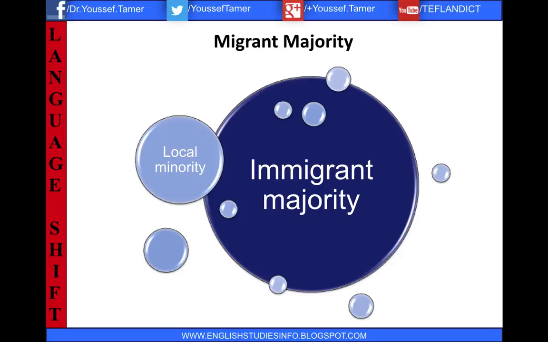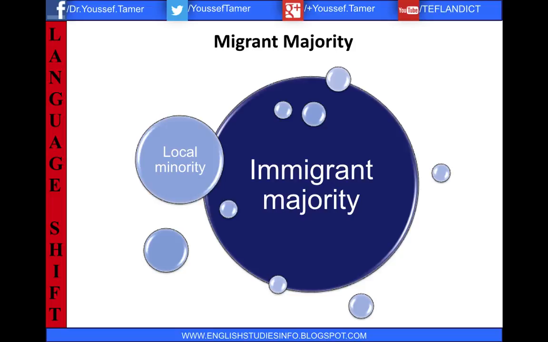You hear about Haiti and French? Now the colonizers impose their language on this small minority. The colonizers become the majority, the immigrant majority, that's why it is called immigrant majority, and the local minority is small demographically speaking, in terms of number of inhabitants.